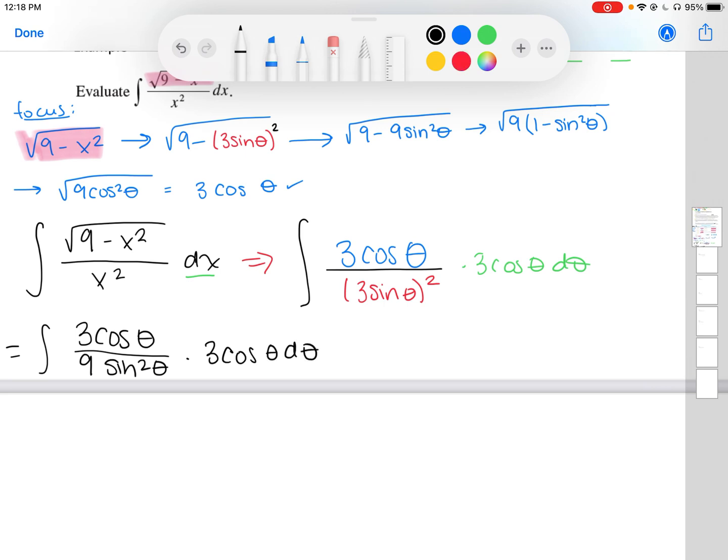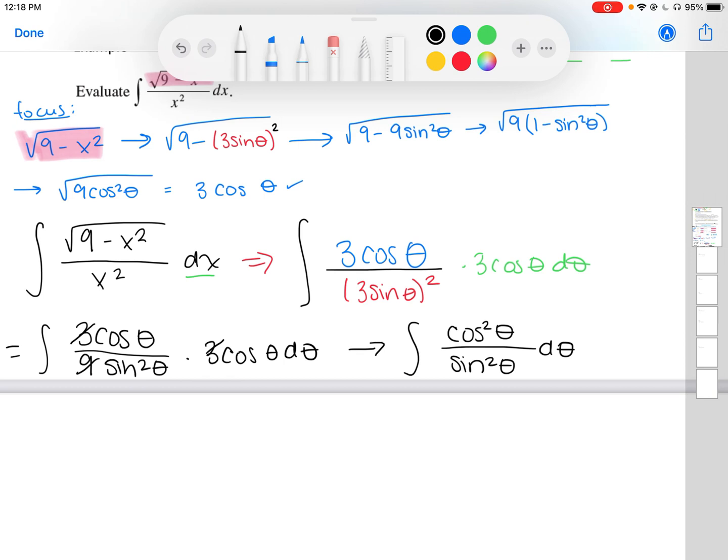We see that those 3's divide out with that 9. And we're left with cosine times cosine gives us cosine squared. So that we have the integral of cosine squared theta over sine squared theta d theta.